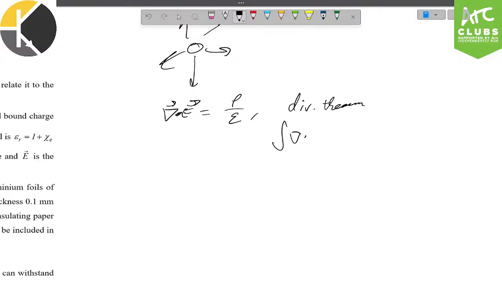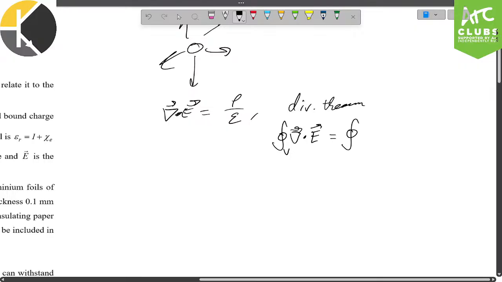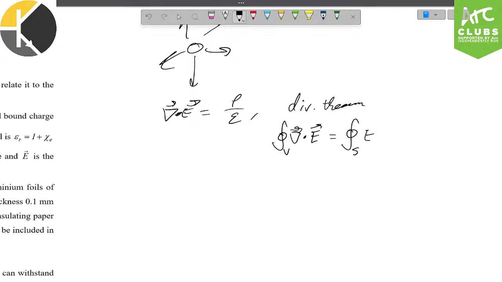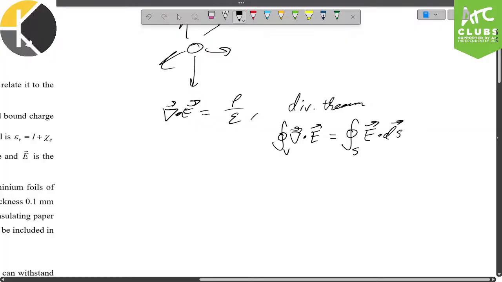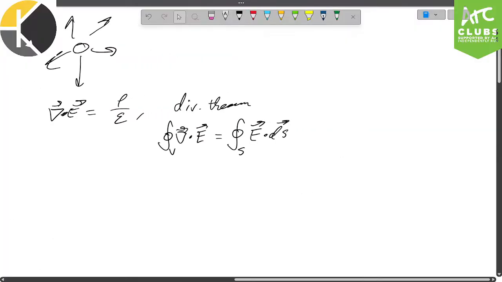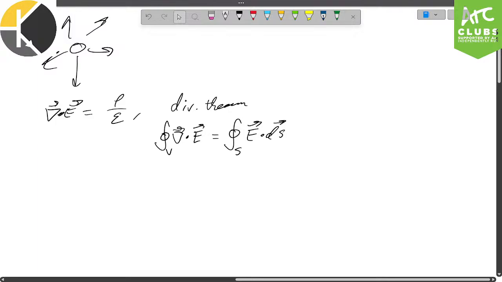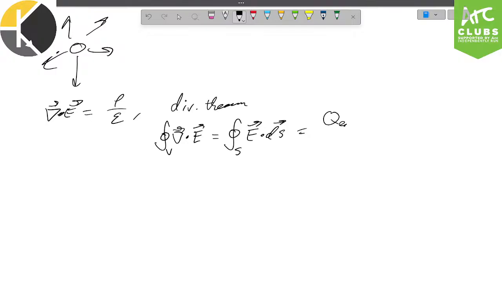The integral of the divergence of your electric field is equal to the integral over the surface of your electric field against said surface. This is the way that we quantify the electric fields extending outside of a region, which equates to the total charge enclosed.